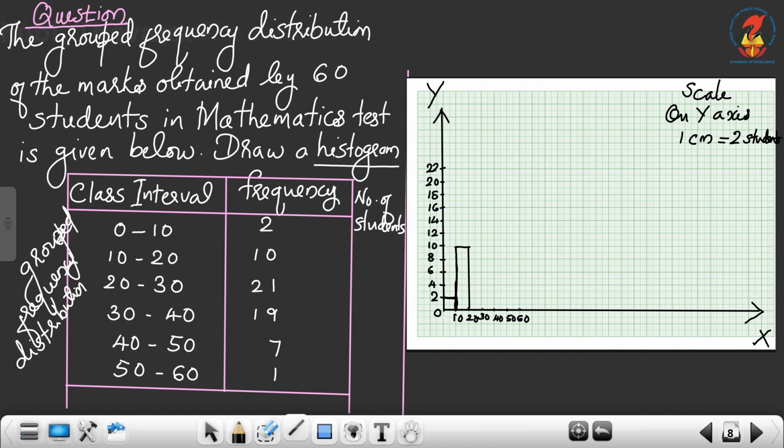So in the middle it will be 21. Next is 30 to 40, which is 19, so 19 will come here.